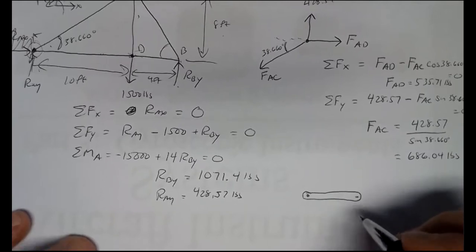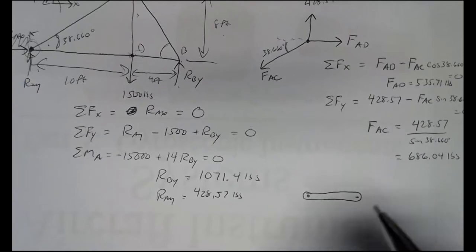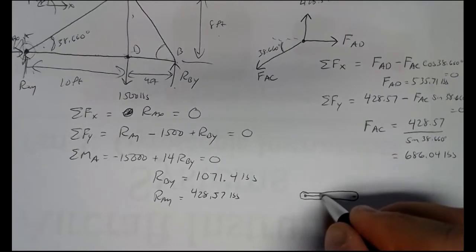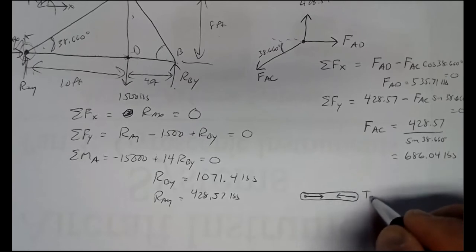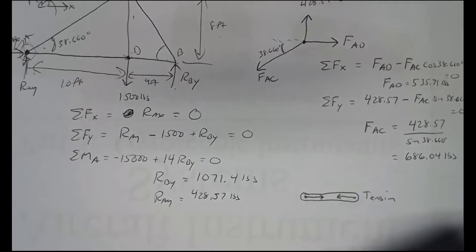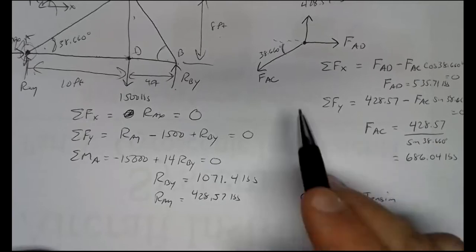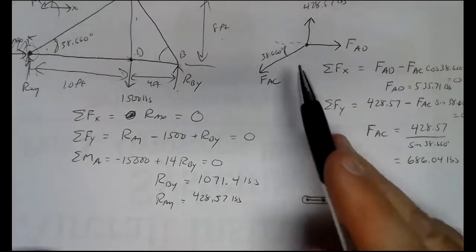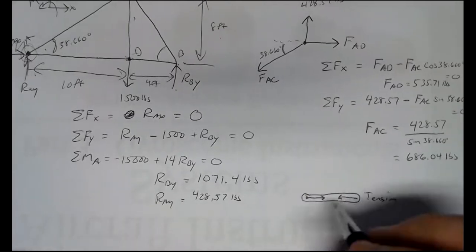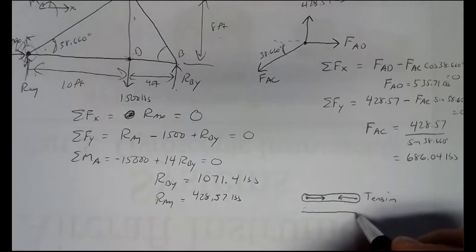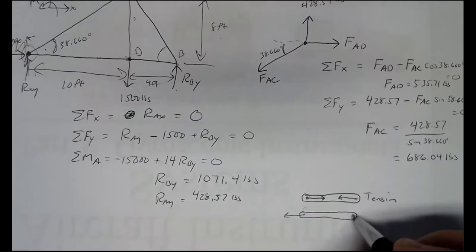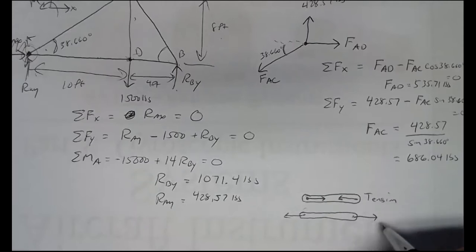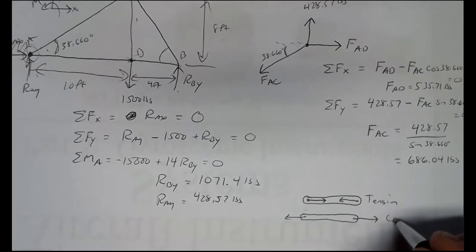Only something that's stretched out can exert a force on its supports pulling inward. So tension looks like this on a free body diagram when you're doing method of joints. When you're drawing the forces that the joint feels, it's opposite the force that the member would feel. Now, compression then would look the opposite way. Compression, the member wants to stretch back out and it's forcing against its supports, trying to push them farther apart from each other. So that's compression.